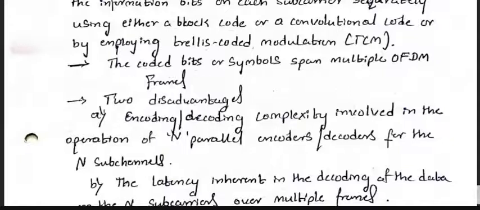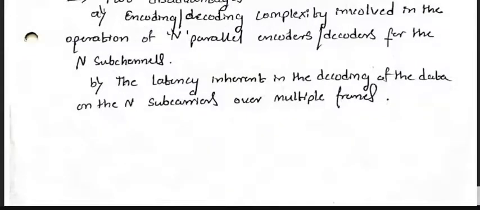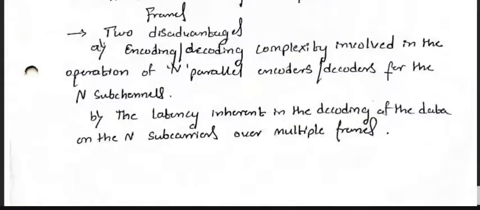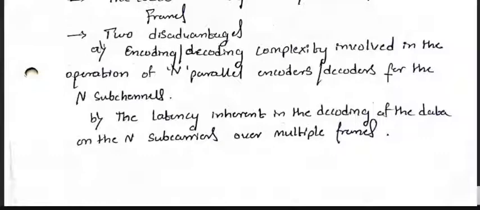The second disadvantage is latency. Latency is nothing but delay, the delay in decoding the data from the n subcarrier channels over multiple frames. So there are two disadvantages: complexity and delay, or latency.